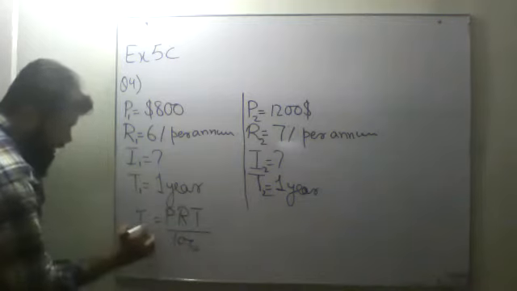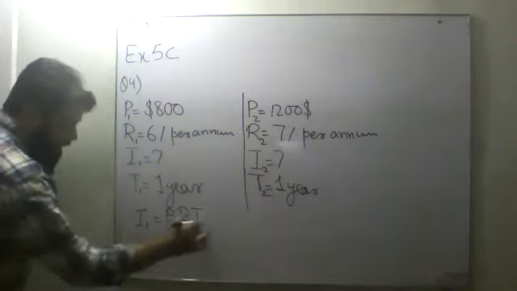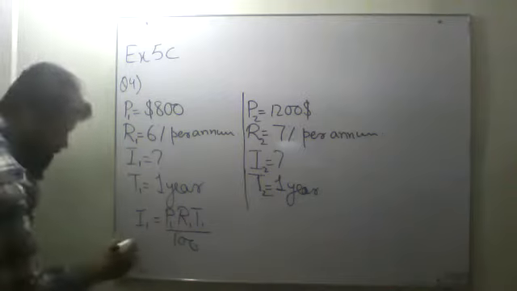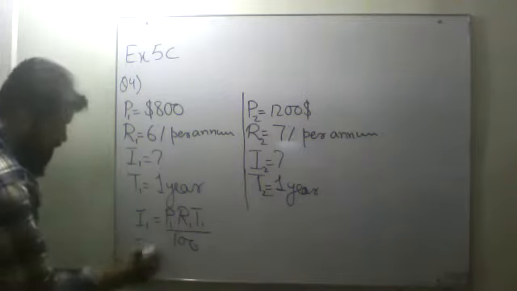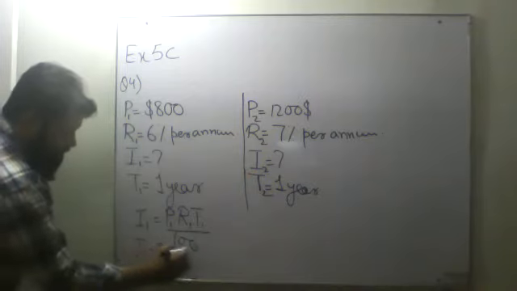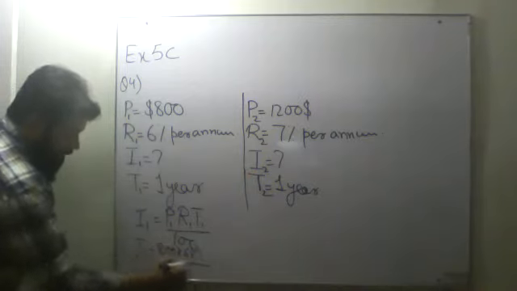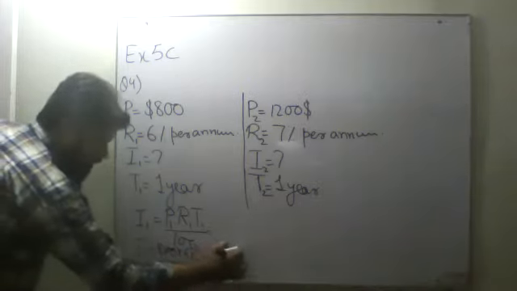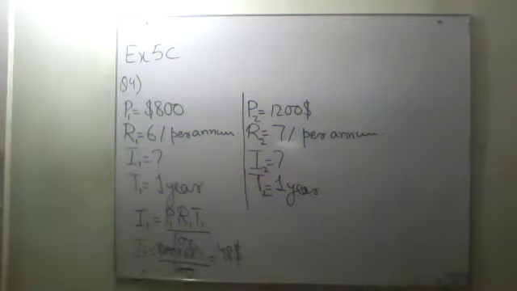If I am talking about I1, so P1, R1, T1. I1 equals, what's P given? 800 into 6 into 1 divided by 100. Zeros will be cancelled. 6 8s are $48. My first interest is coming $48.